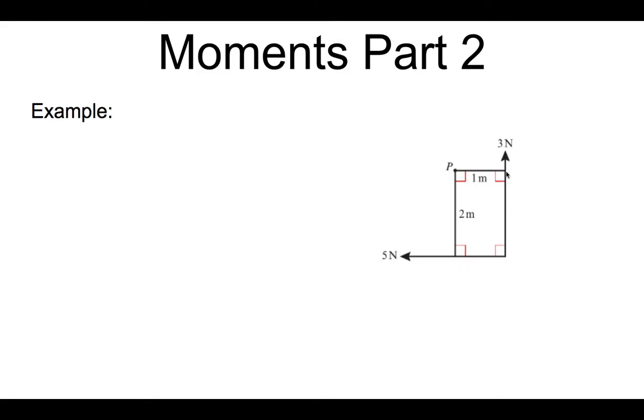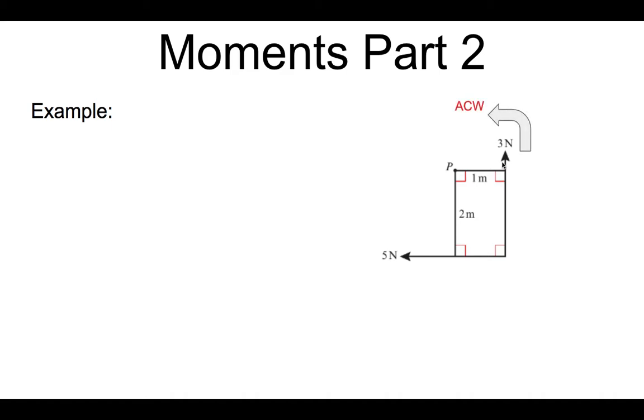So if you picture which direction these 3 Newton and 5 Newton forces are going to act in, are going to turn the lamina. If we think of the 3 Newton force, it's going to pull it up in this direction, so it would move in this direction, which is anti-clockwise.